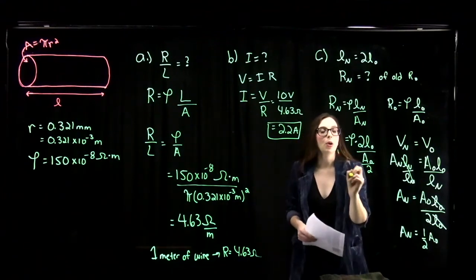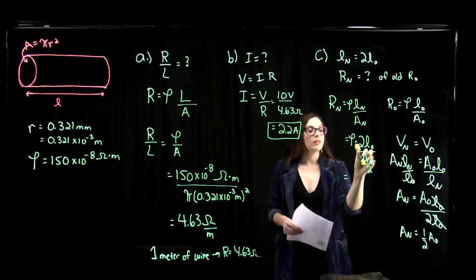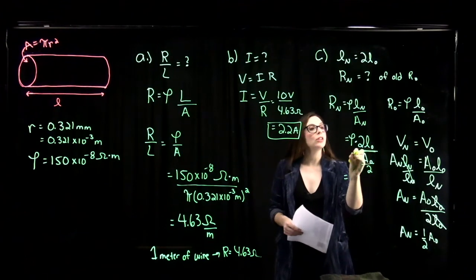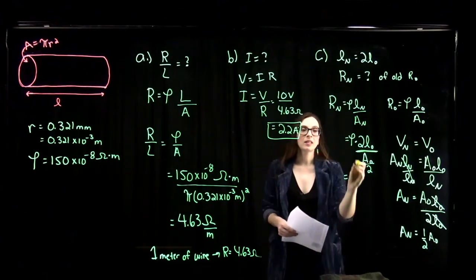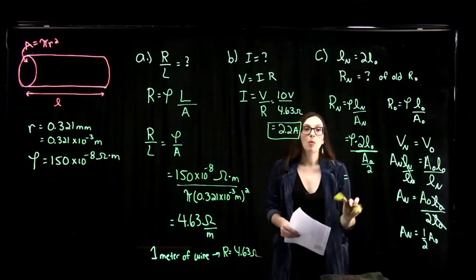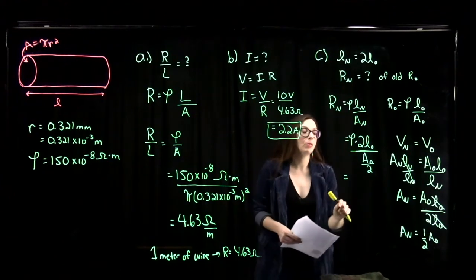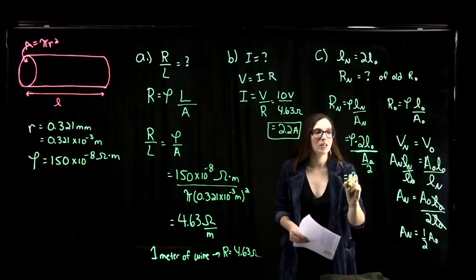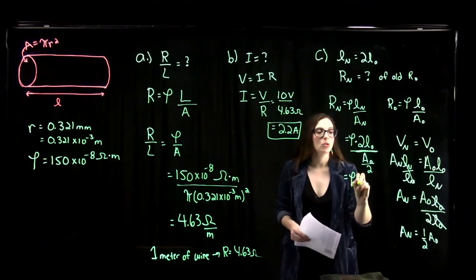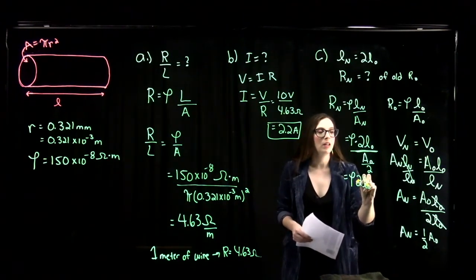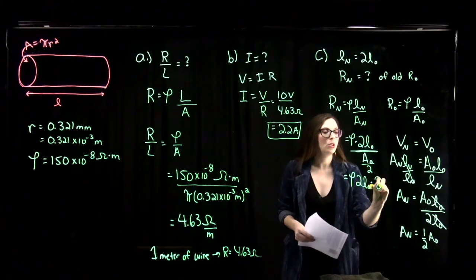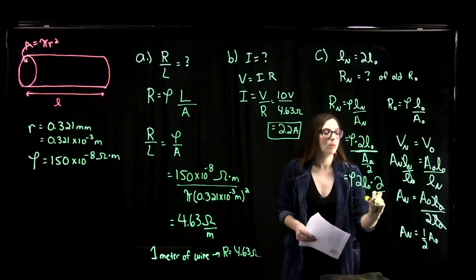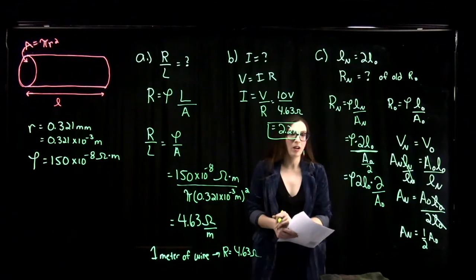Okay, so when we divide by a fraction, that's the same thing as multiplying by the reciprocal. So this turns out to be the resistivity times twice the original length times 2 divided by the original cross-sectional area.